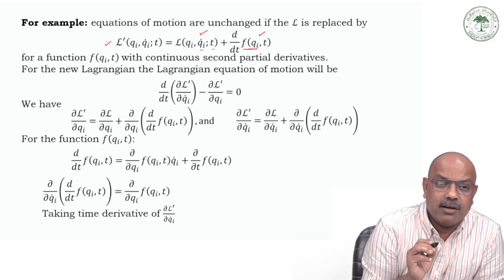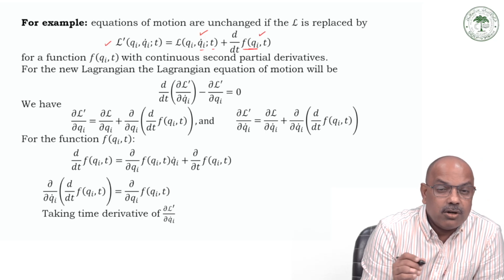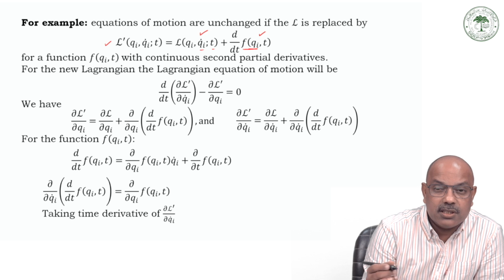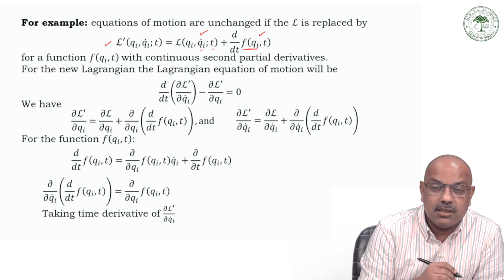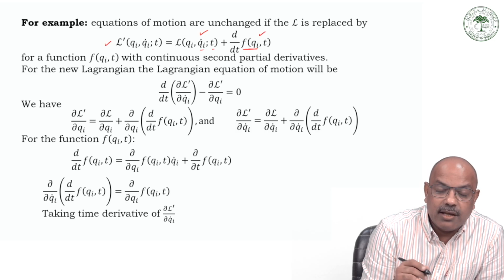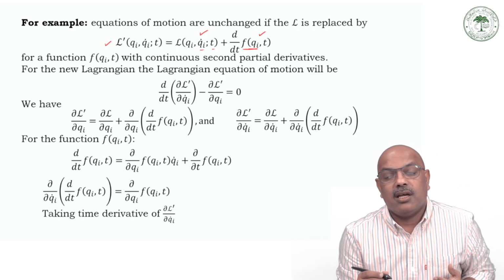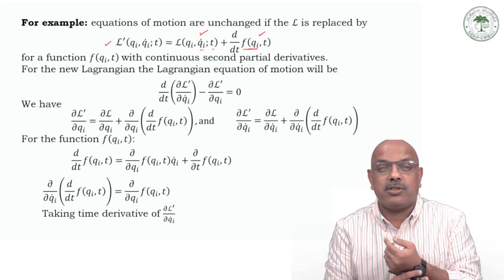This is my new Lagrangian, for a function f(q, t) which has continuous first and second order partial derivatives. So the function has to be continuous. This is important. So let us see whether the new Lagrangian is going to change the system, that is, change the equations of motion or not.